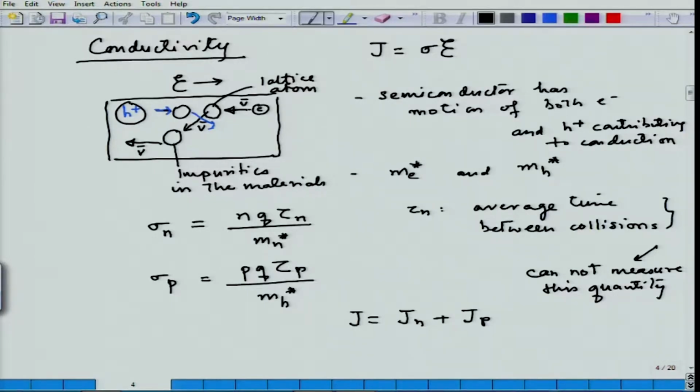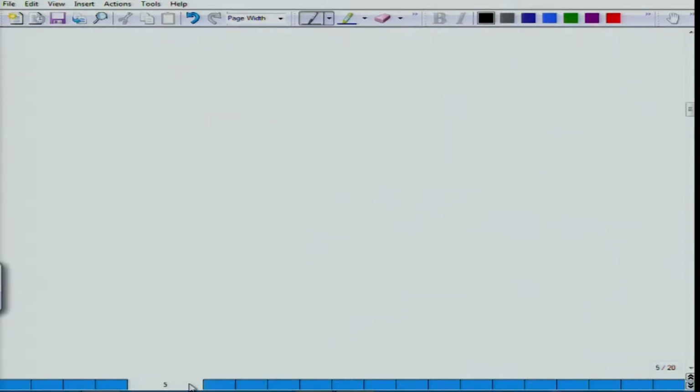For practical reasons, there is another quantity which has been used in describing the drift motion of carriers in the semiconductor, and it is referred to as the drift velocity, which is the average velocity that electrons gain.